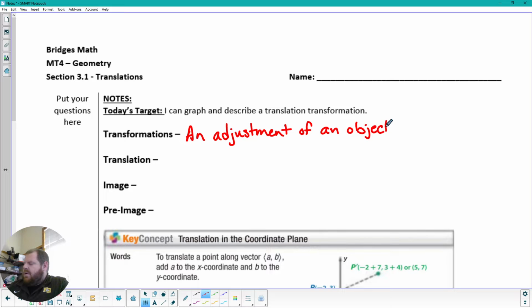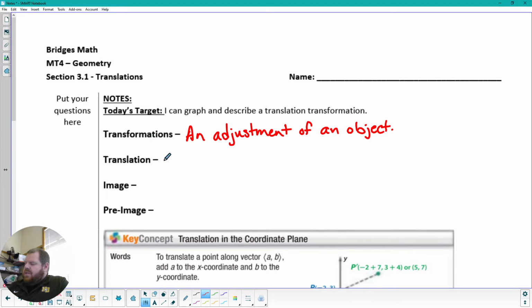We're going to talk about three of them in general. There are a couple more, but we're going to talk about the three that are technically called rigid transformations because they don't change the size or the shape of the object.